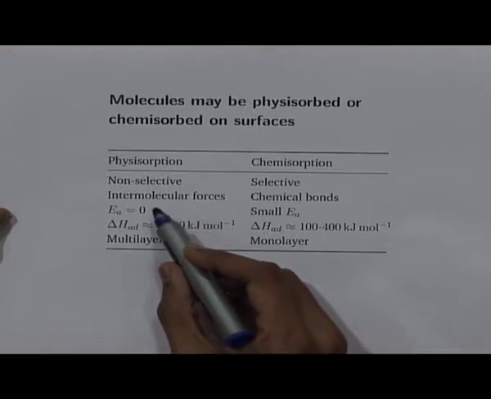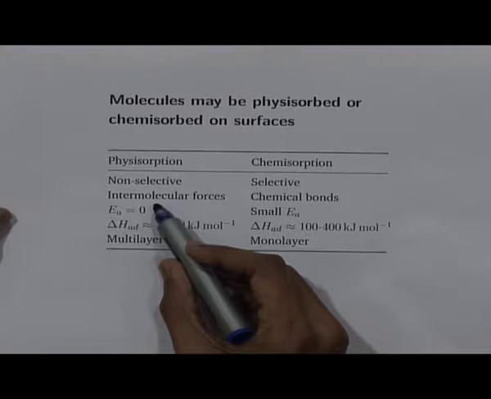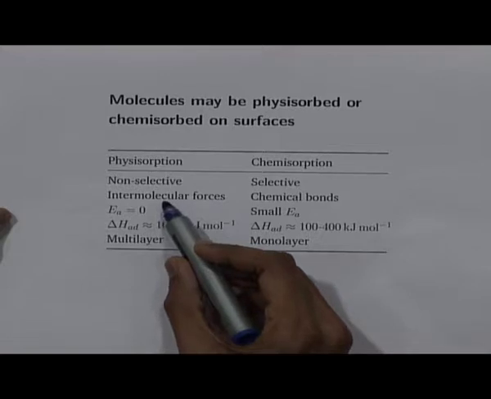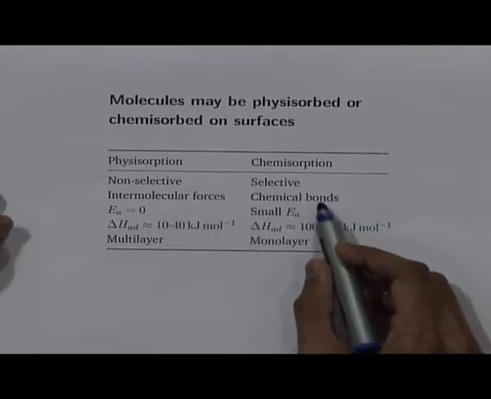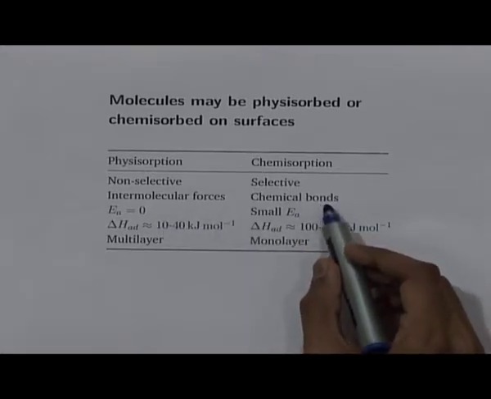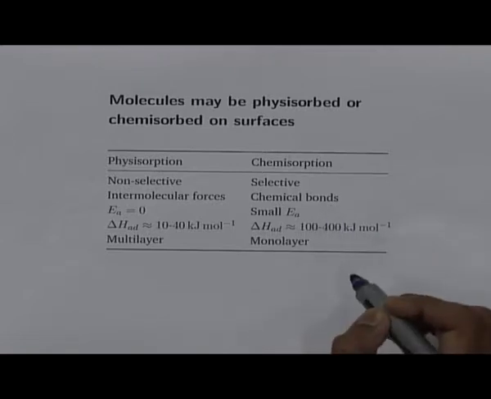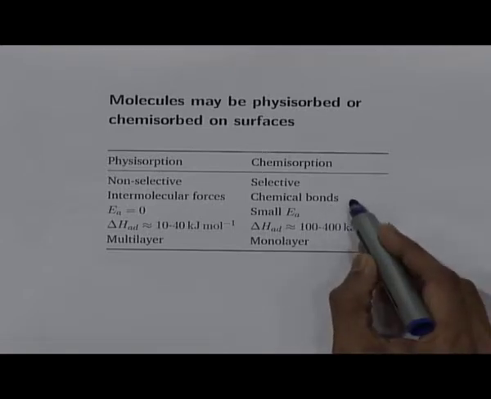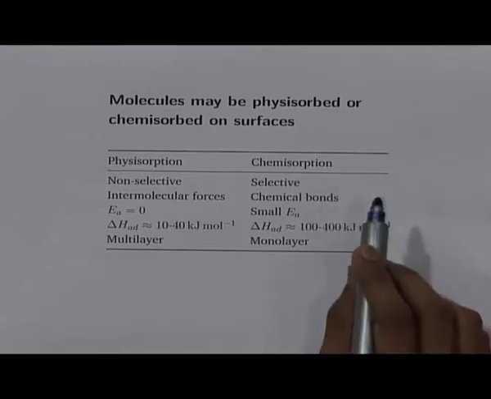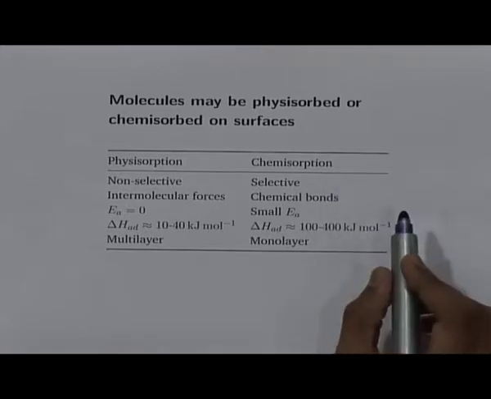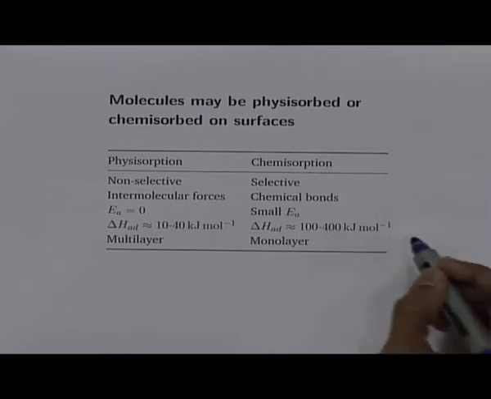The strength of the physisorbed species will be determined by the intermolecular forces that exist between the adsorbed molecules, whereas in the case of chemisorption there is a chemical bond formation between the adsorbent and the adsorbate, as a result of which this is what makes the process selective. Not all adsorbents can adsorb species.